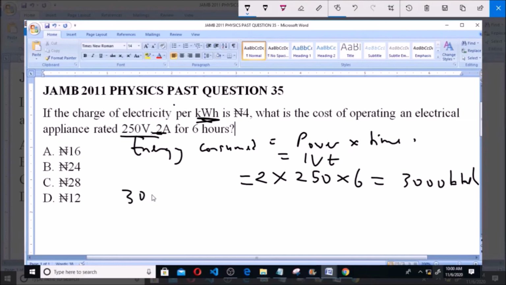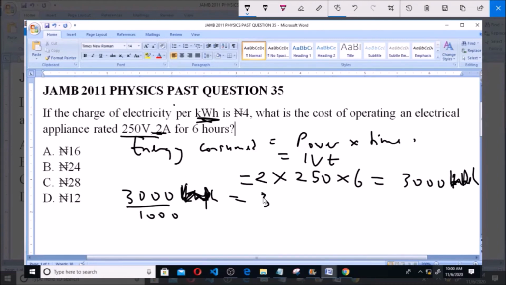Now 3000 is in watt hours, because our power is in watts, so this is watt hours.